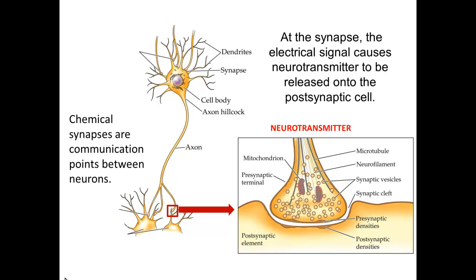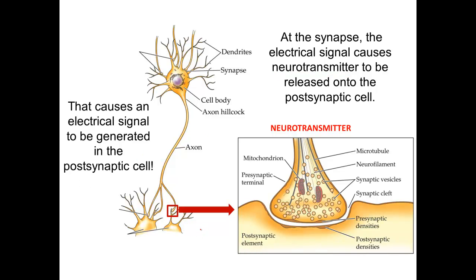because the presynaptic neuron, which in our picture would be this one here, releases a specific type of chemical called a neurotransmitter onto the second neuron, the postsynaptic neuron down here. So if we're looking at this particular synapse, this neuron up here would be considered the presynaptic neuron, and this one here would be considered the postsynaptic neuron.